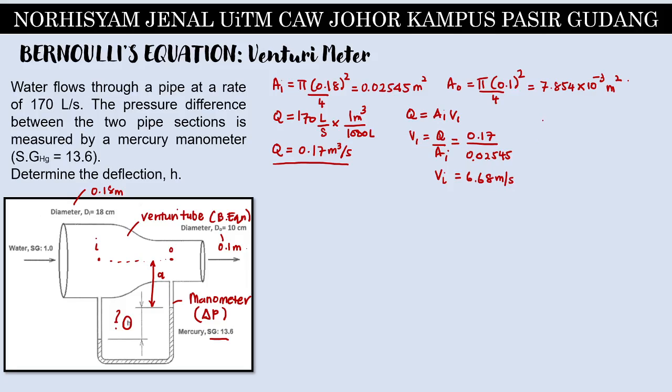Okay, and then we get this for VI, and then for V outlet should equal to Q over A outlet, which is 0.17 divided by 7.854 times 10 to the power of negative 3. So V outlet should equal to 21.65 meter per second.